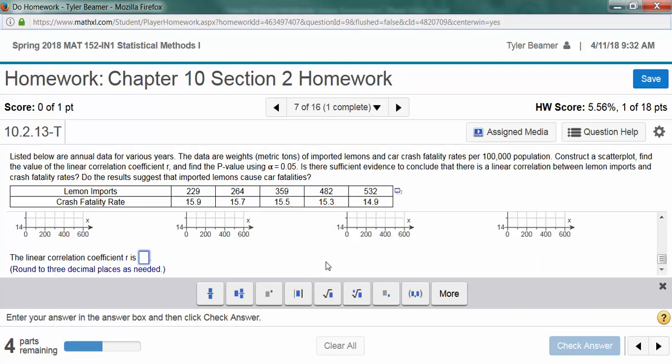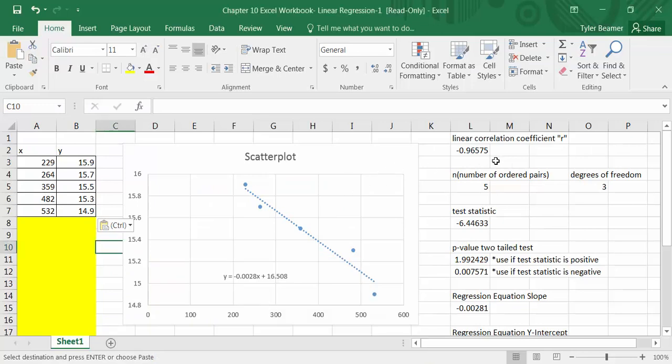And it asks us for the linear correlation coefficient R. That is located here. And it says round to, I think, 3 decimal places. So negative 0.966.